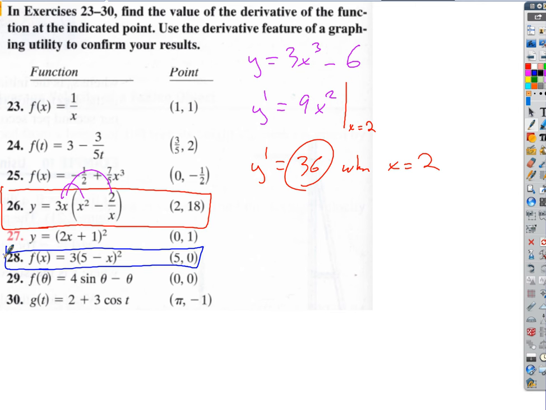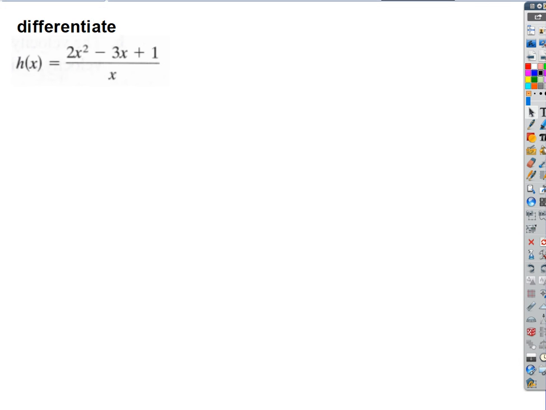If I want to evaluate the derivative of f of x at that point, how would I take that derivative? Expand out. Got to expand it out, right? Expand and simplify. Expand out the expression and distribute the 3, and then I could differentiate term by term, right? Good.